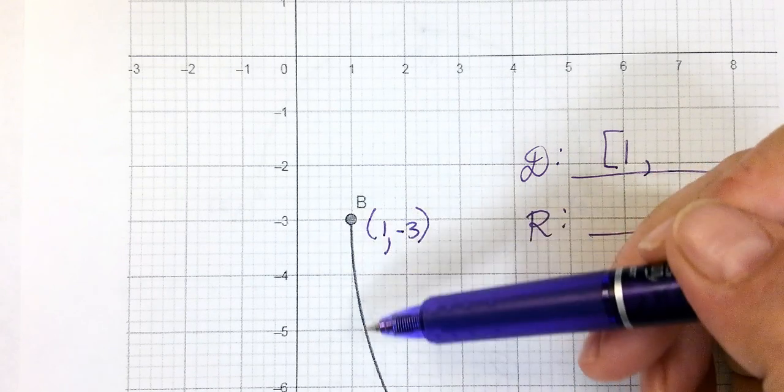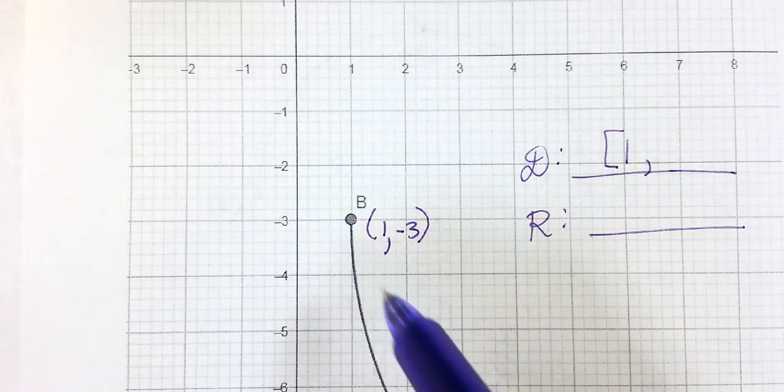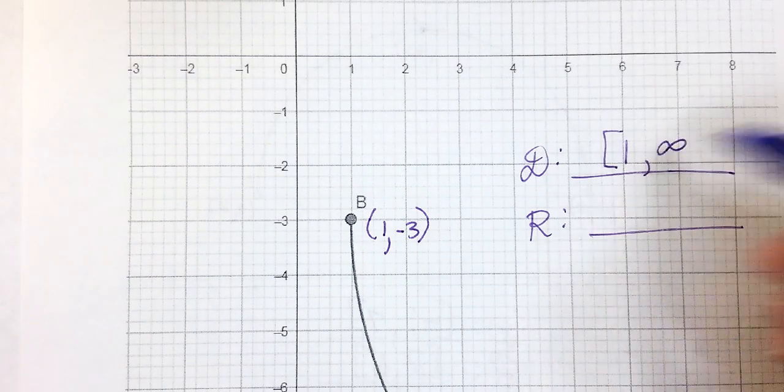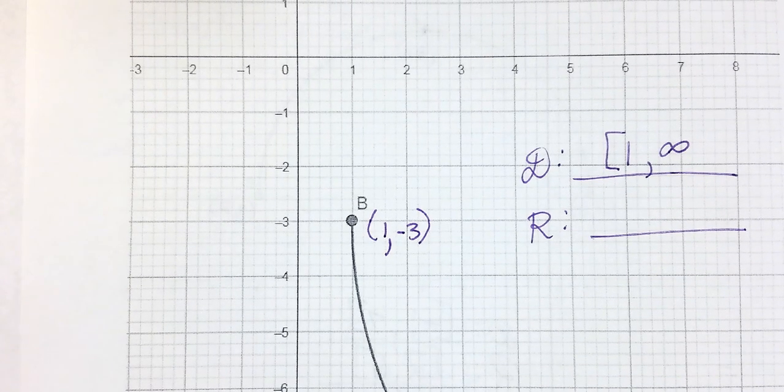So we're going to assume this keeps going, a little bit more to the right every single time. So eventually, as this gets lower, it's going to keep going to the right. So if it doesn't stop, it keeps going and going and going, remember that that is infinity. We should also remember that infinity doesn't have a certain number that we can define, so we have to use a parentheses there for the interval notation for infinity.